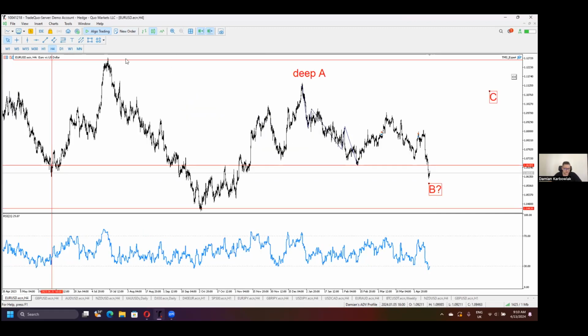We had a deep A after the one-to-one right here, 0-1 deep A. First of all, we said that wave B was right there, and after that, wave C wasn't here because we didn't have a geometric cluster. So there is still a chance that the price will come back to hit the wave C and touch the geometric cluster.